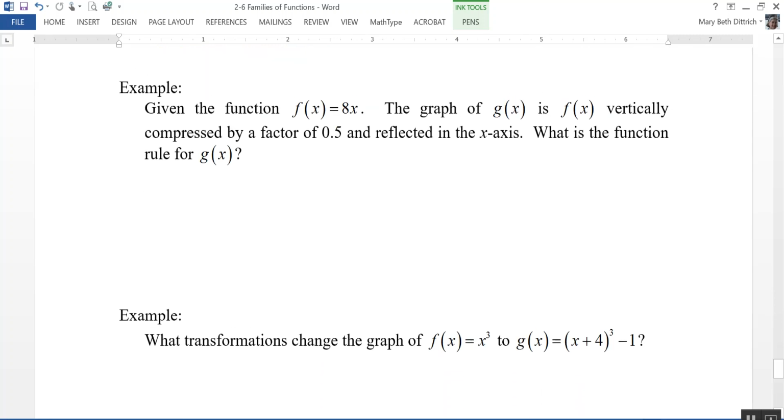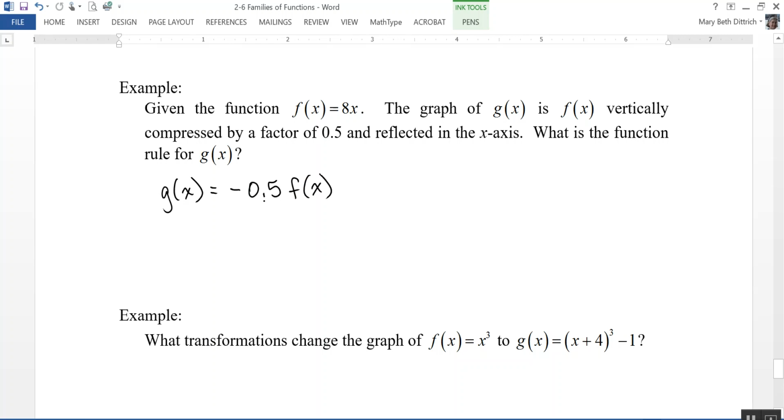Okay, so here's our last example. So last couple examples here. Given the function f of x equals 8x, the graph of g of x is f of x vertically compressed by a factor of 0.5 and reflected in the x-axis. So what is the function rule for g of x? So g of x is going to be a reflection in the x-axis, so that makes it negative, and compression of a factor of 0.5, and then that's going to be multiplied times f of x.